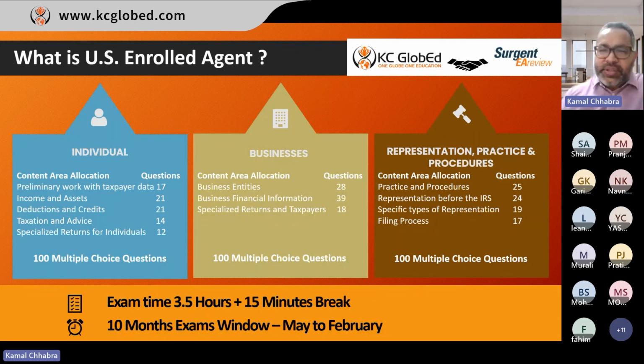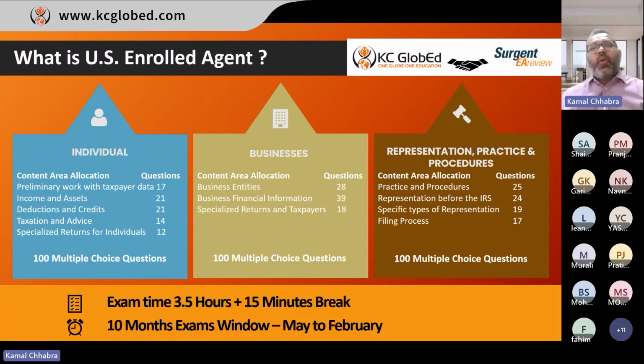Second exam is business taxation. There, just think about any company. It can be a sole proprietorship, partnership, LLP, LLC, C corporation, S corporation, a private company or a publicly limited company. They will be having a financial statement, an income statement. I know some of you are already working in the accounting department, so you know the preparation of the financial statement: certain income, certain expenses, resulting in the net profit.